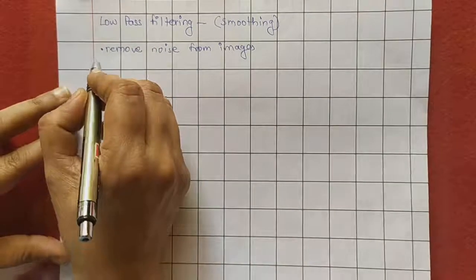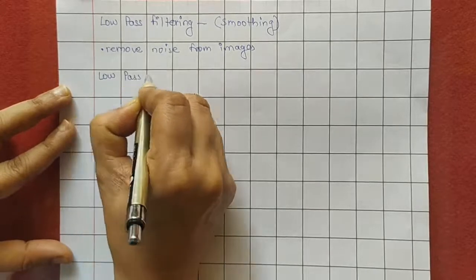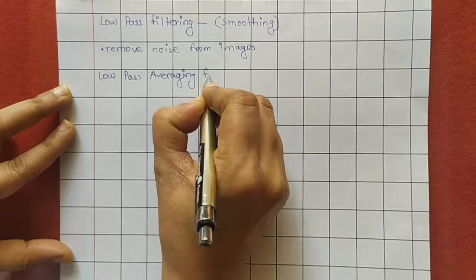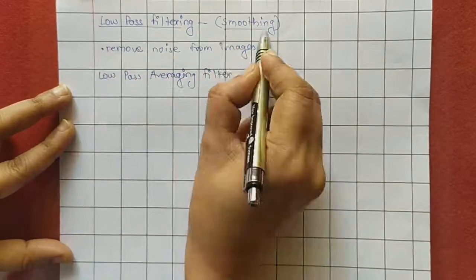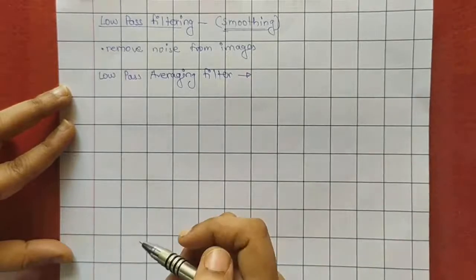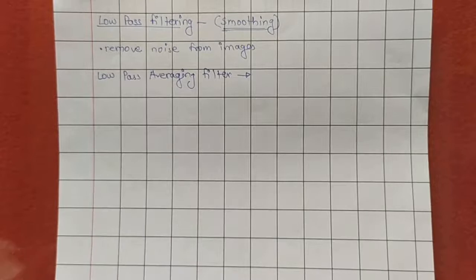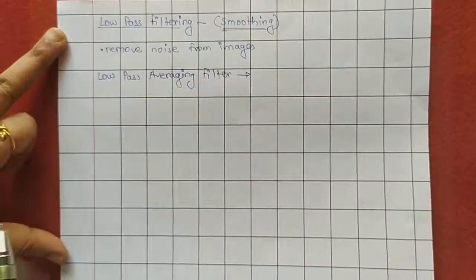So first in this low pass filtering we'll study the low pass averaging filter. This low pass filter is also called a smoothing filter because the edges or the sharp areas of the image are blurred or made smooth, and that's why it is also called a smoothing filter.